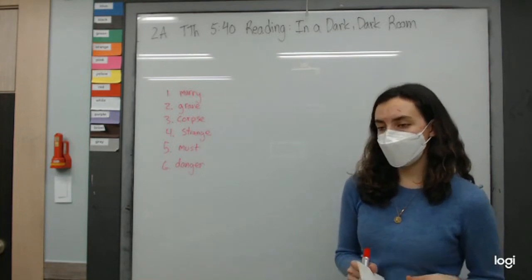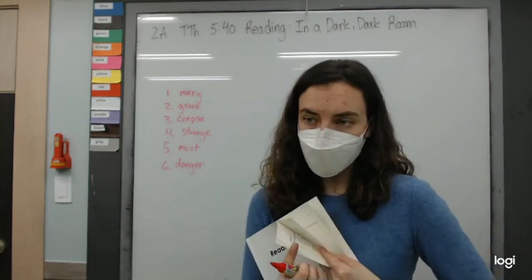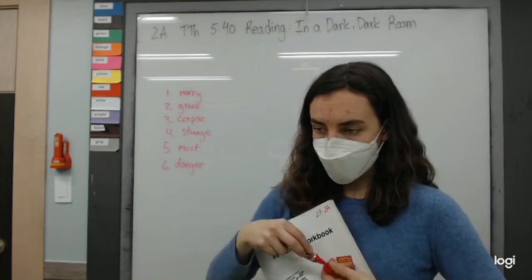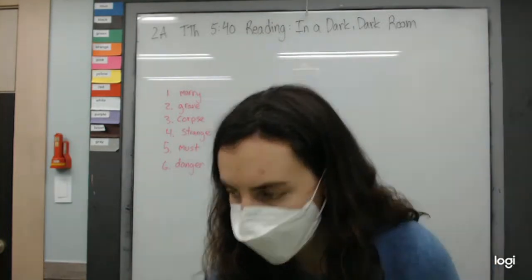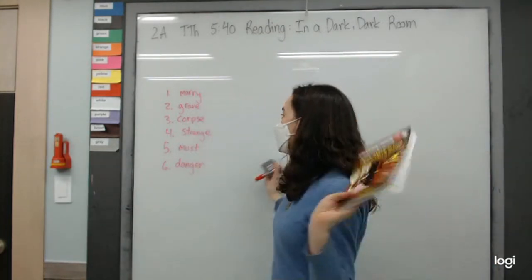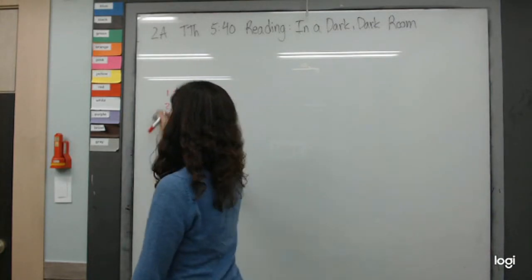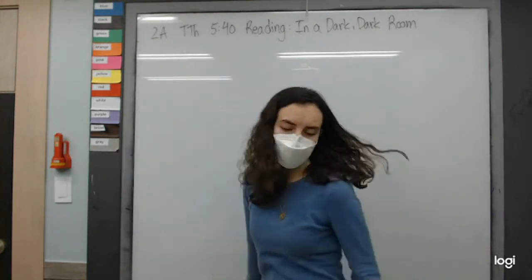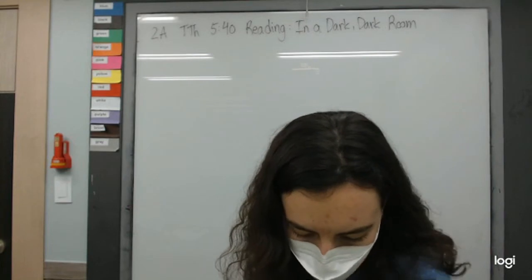Okay, so now that we finished, let's take out our books in a dark, dark room, and we are going to read the next story. Yay! Okay, so let's go.